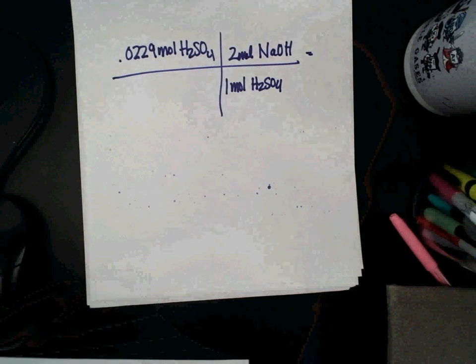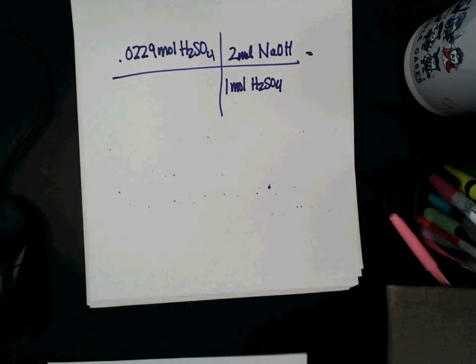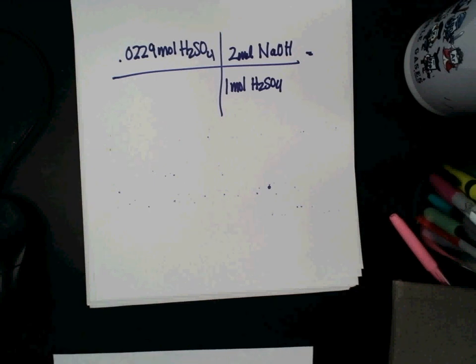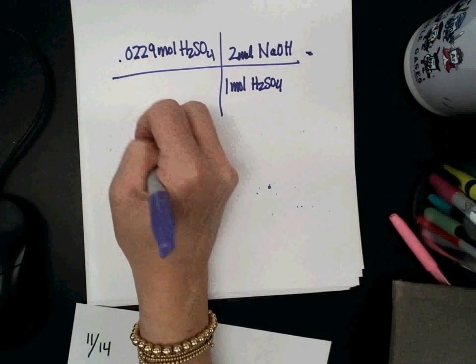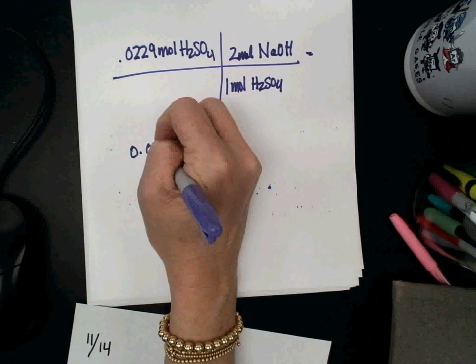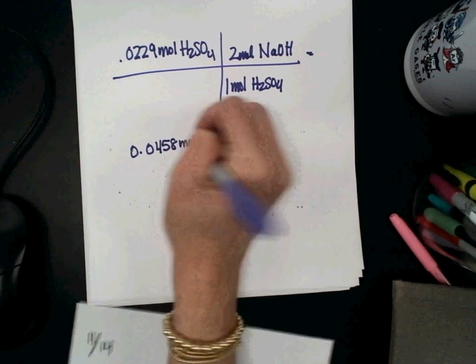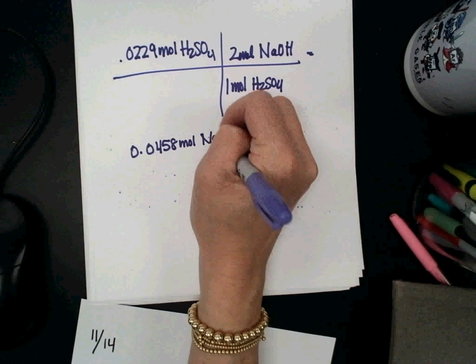So now I can figure out how many moles of sodium hydroxide I have. I have 0.0458 mole NaOH.